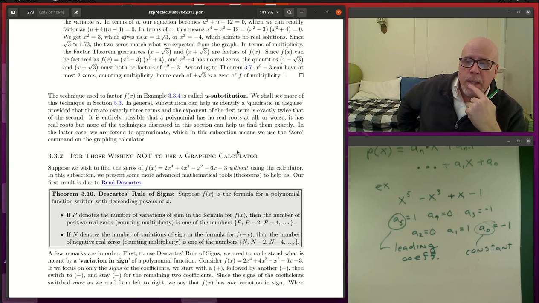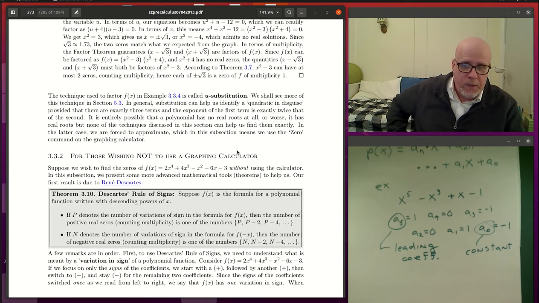So in order to work without the technology that we currently are used to having, you need these other bits. Again, we're not going to talk about them at all, but I just want you to know the names. There's Descartes' rule of signs, which is about how you look through the coefficients of a polynomial and check how often the sign of the coefficients changes.